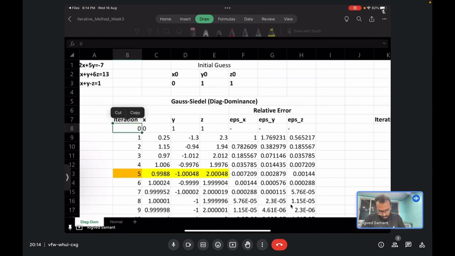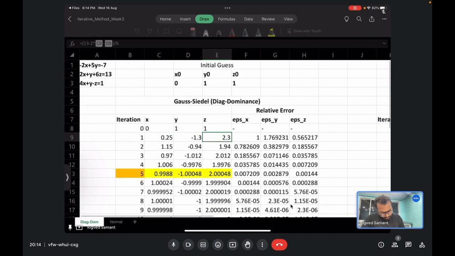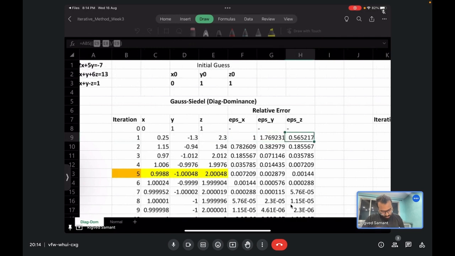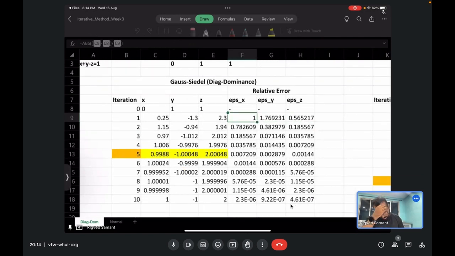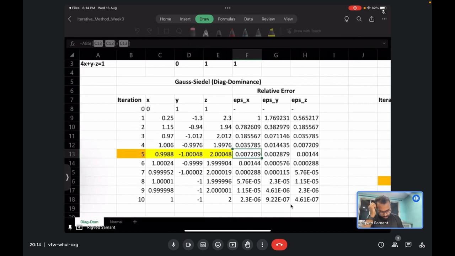So if you see for iteration number 1, we got this 0.25, 0.13, and these were our epsilon values here, epsilon x, epsilon y, epsilon z. As we go on with the iterations, this value is converging. So epsilon values are reducing here, and once we go below 10 raised to minus 3, we are near our actual solution at the 5th iteration itself.